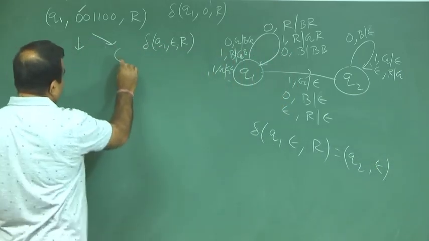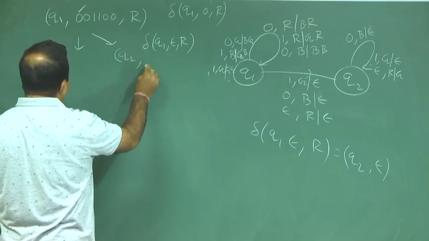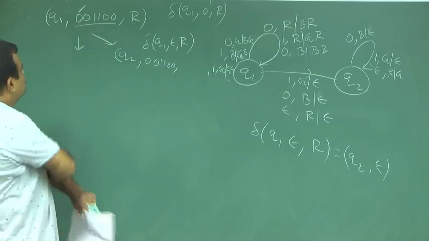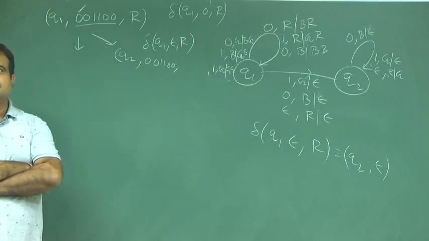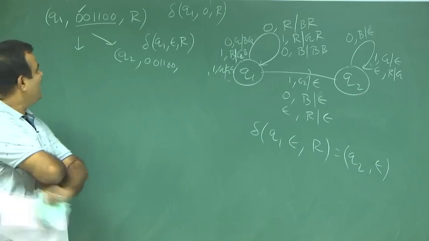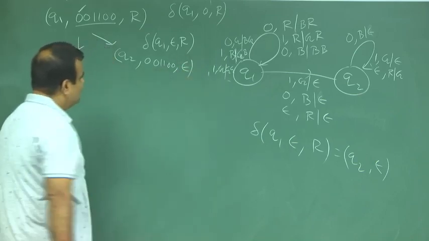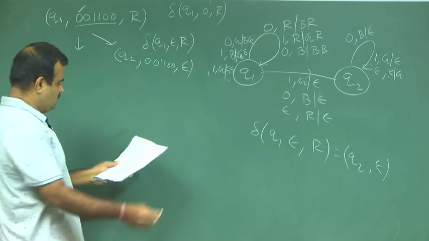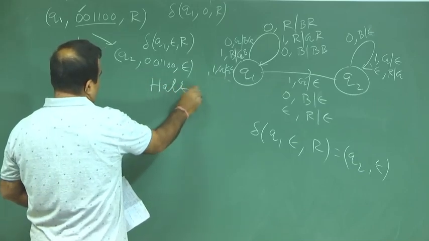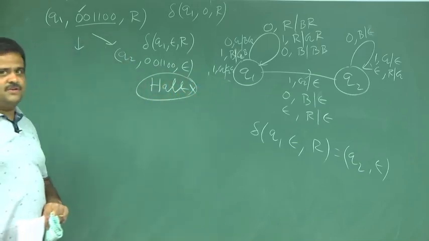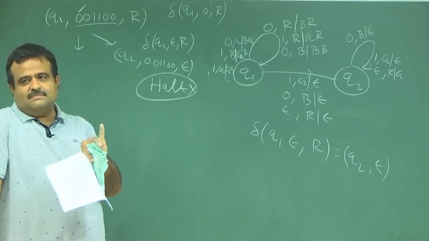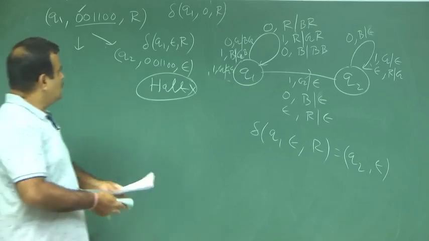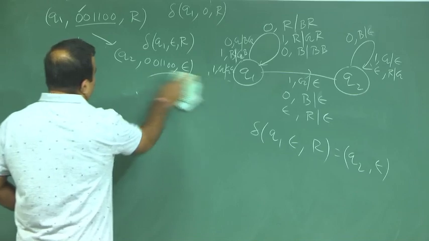So, it is going to Q2, and the input remains the same, because we did not consume any string other than epsilon. Then the stack will be empty. Once the stack is empty, we cannot move further, so this is a halting situation. This branch cannot proceed further, because for a delta transition the stack should have some symbol on the top.